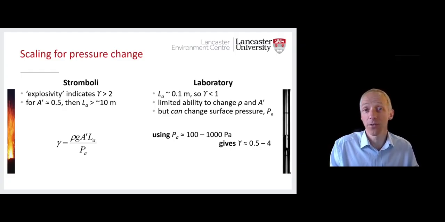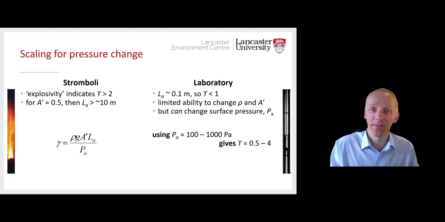Gamma can also be increased further by using larger gas masses, i.e. by increasing La. Thus, carrying out experiments with a reduced surface pressure would enable us to scale for the kinematics and the dynamics associated with pressure changes during the slug ascent.